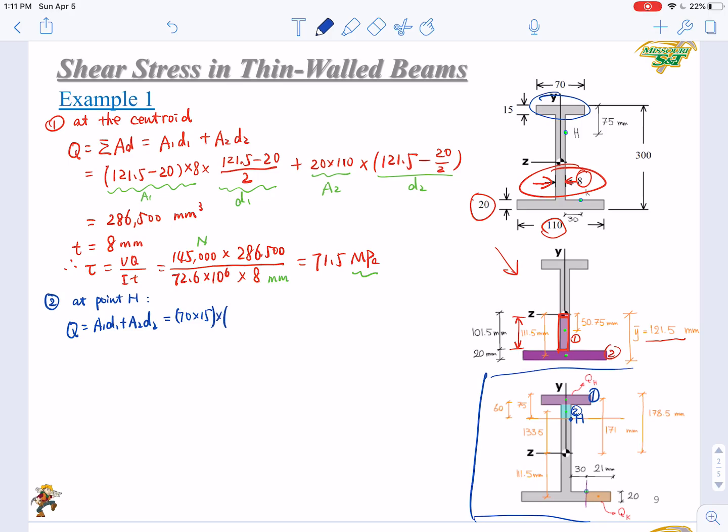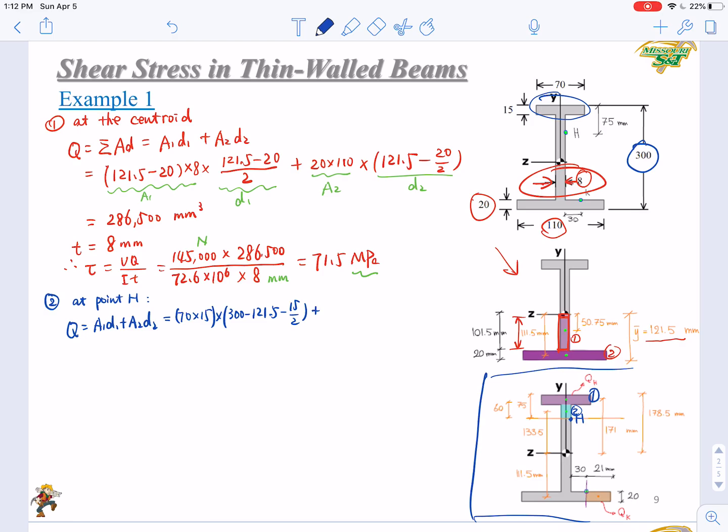So the D1 would be, first of all, 300 minus y bar, the overall height 300 minus y bar 121.5, then minus half of the thickness of the top flange, that is 15/2. So this is D1.